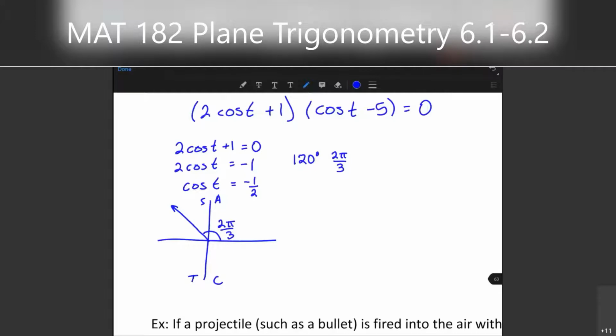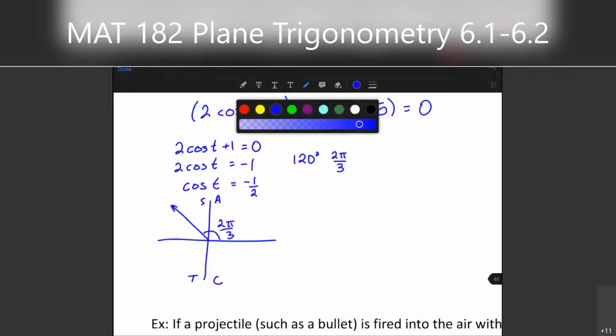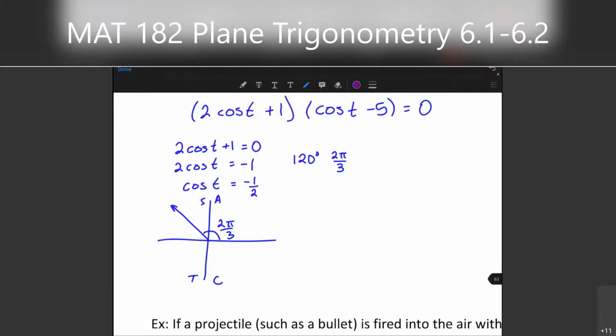And where would we find another solution? 4 pi over 3 for 240. 4 pi over 3, right? So having that same reference angle, reference angle wrapping around here would be 4 pi over 3.